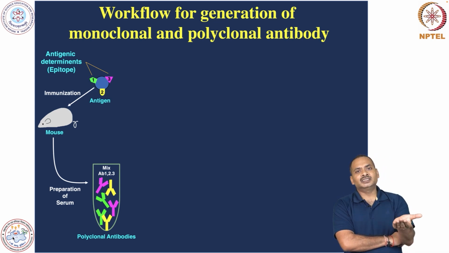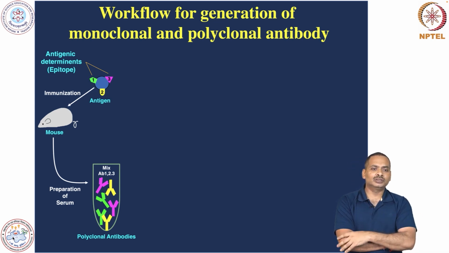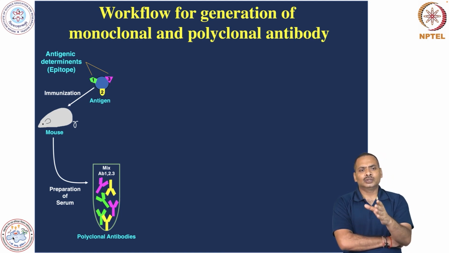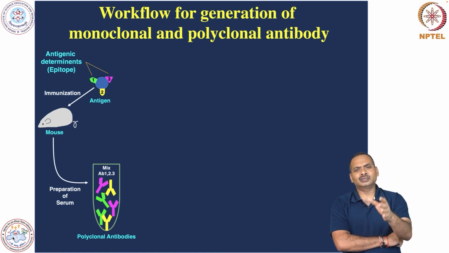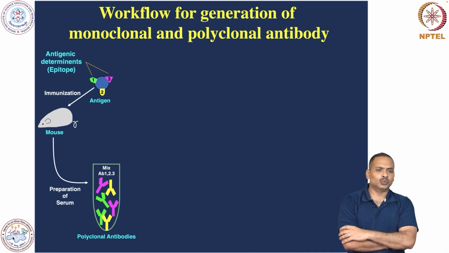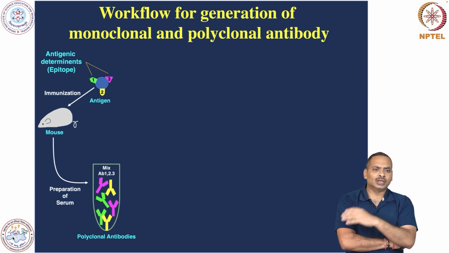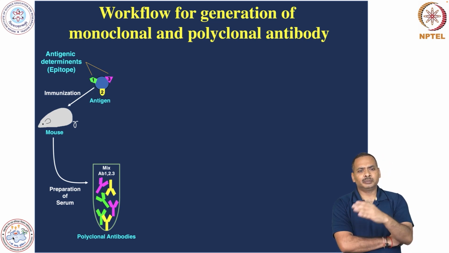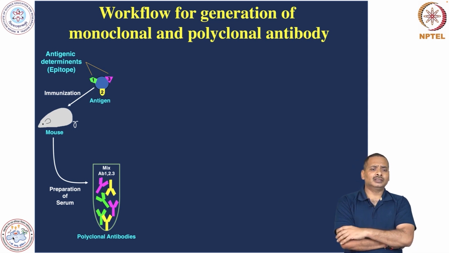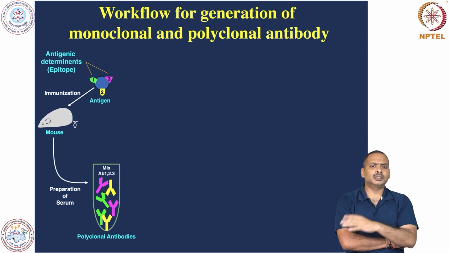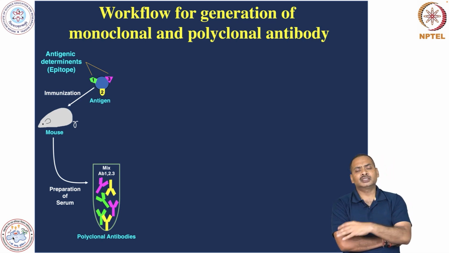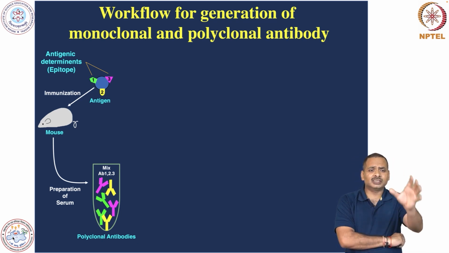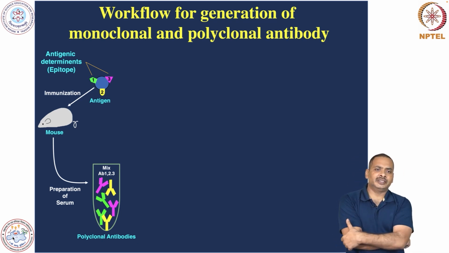For your convenience, I made antibody molecules with the same color. The green color is recognizing epitope 1, the yellow color is recognizing epitope 2, and the dark purple color is recognizing epitope 3. So, this is a polyclonal antibody.